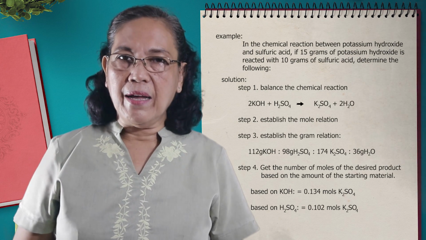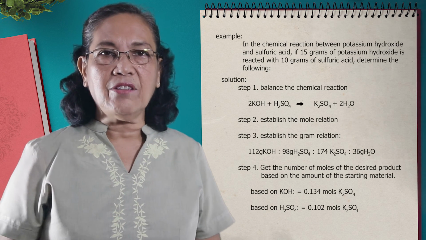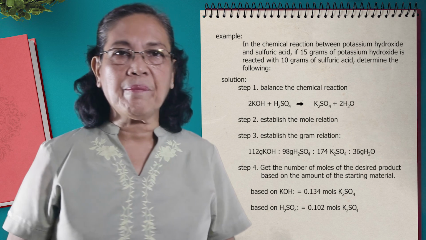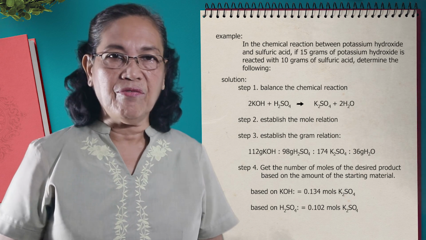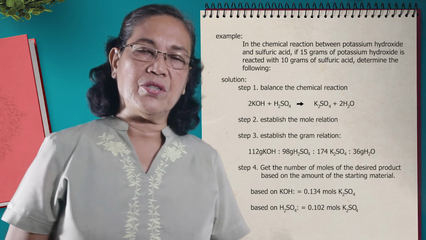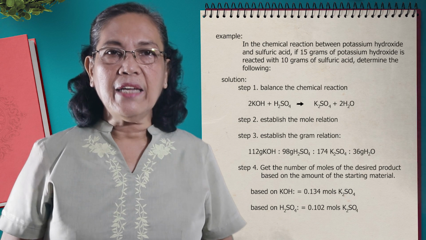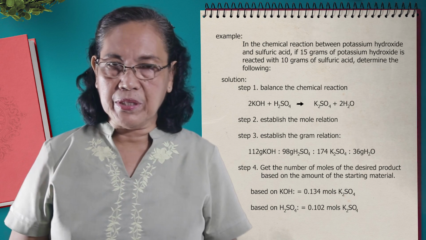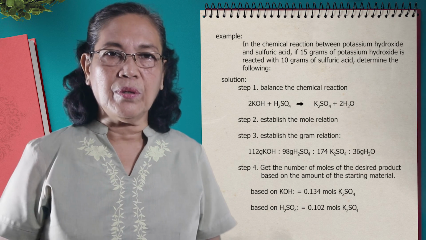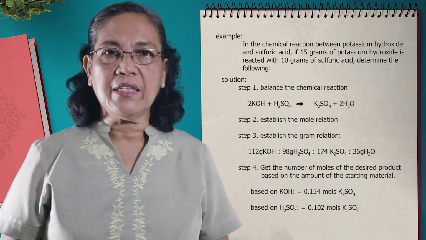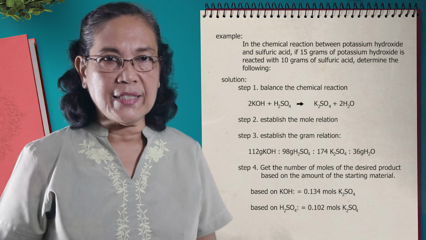Then the atomic mass of sulfur is 32, and the atomic mass of oxygen, which is 16, to be multiplied by 4, since in the formula there are 4 atoms of oxygen. So substituting all those atomic masses and considering their subscripts in the formula, we have the number of grams of sulfuric acid is 98, or 98 grams of sulfuric acid.